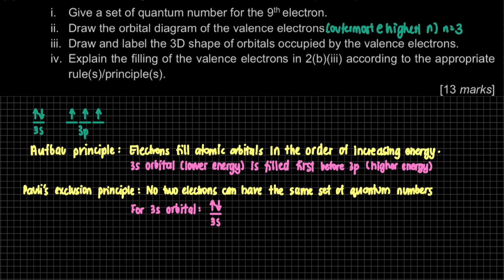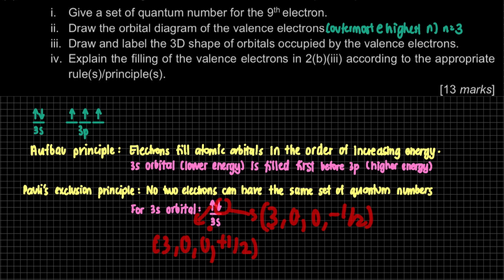As we can see here, for the 3s orbital, the electrons will be filled with opposite spin. Because for the first one, if we write down the n, l, m, s, it would be 3, 0, 0, positive half. This one will become 3, 0, 0, negative half. Again, why 3?